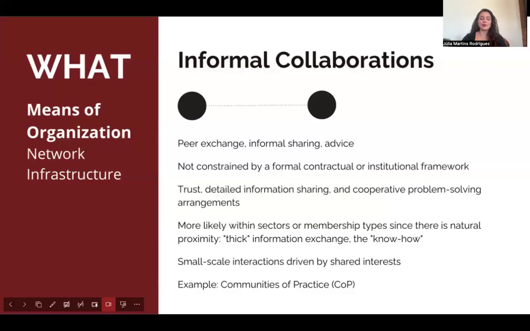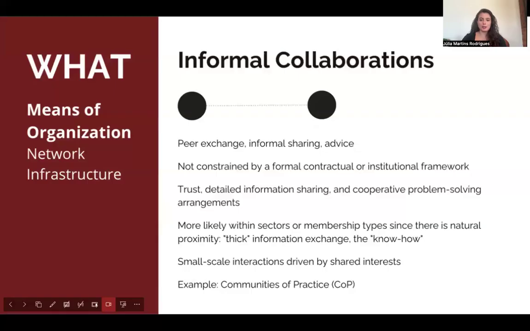In economic terms, we often refer to this as the strength of weak ties because these relationships reflect trust and cooperative problem solving. Informal collaborations are hard to identify and track, but they likely happen more often within sectors or among membership types that naturally connect and share know-how.